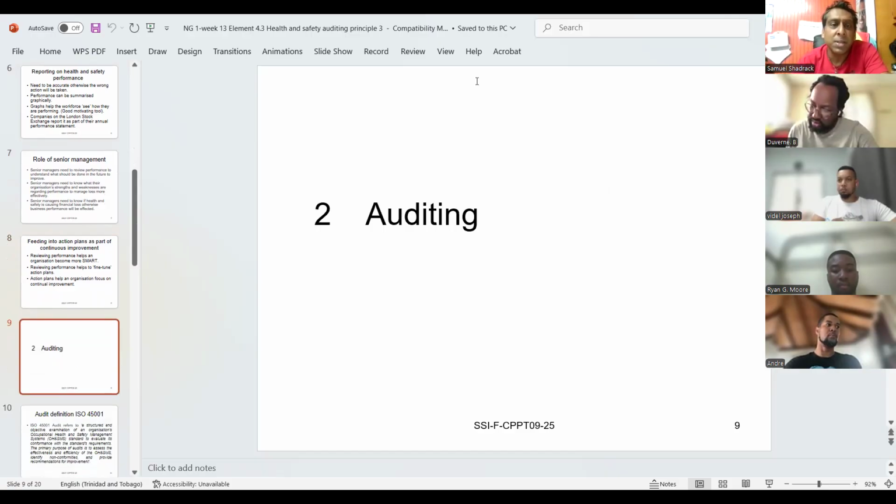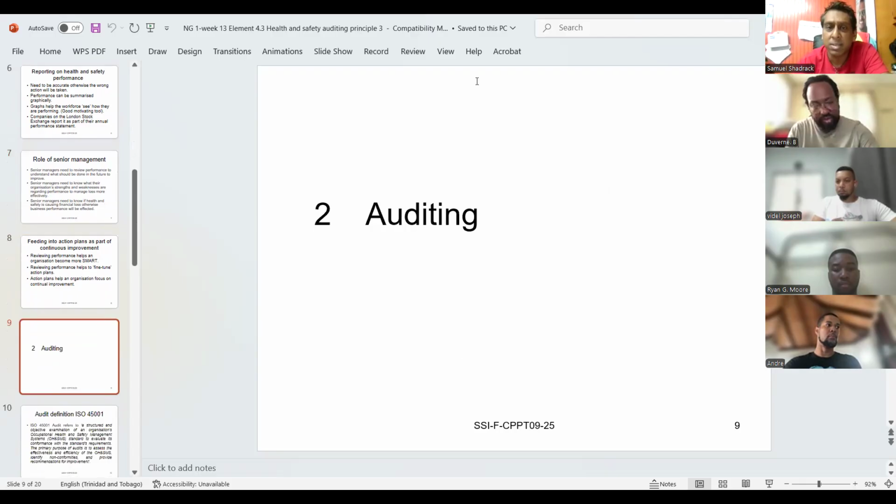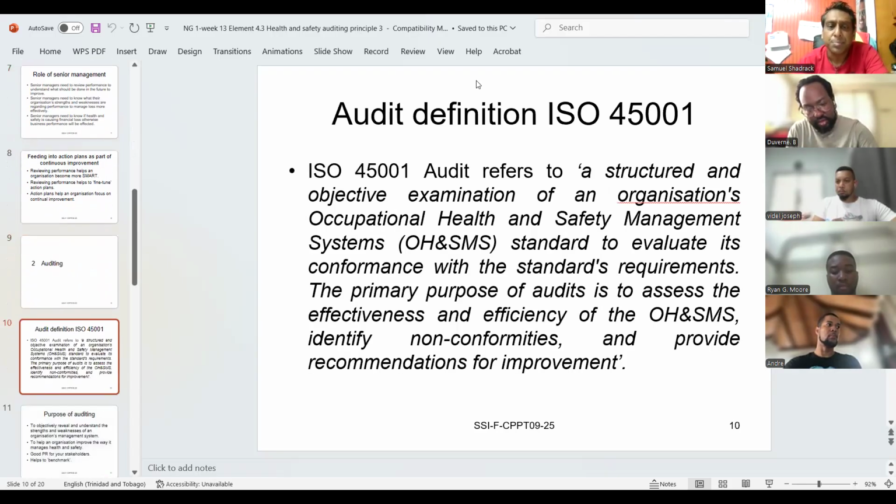All right. So we want to take off on auditing. We had done some of this last week too. So just to take off on auditing today. So auditing: an ISO 45001 audit refers to a structured and objective examination of an organization's occupational health and safety management system standard to evaluate its conformance with the standard requirements, meaning what you intended it to do.